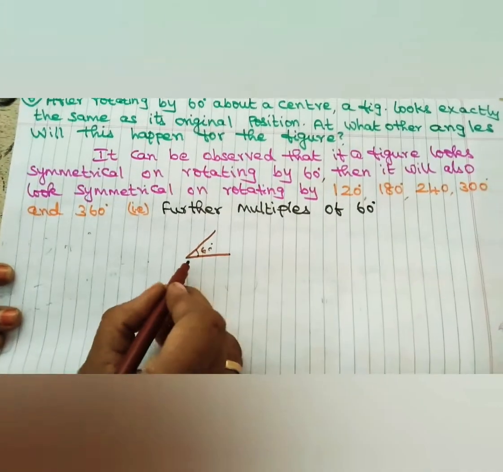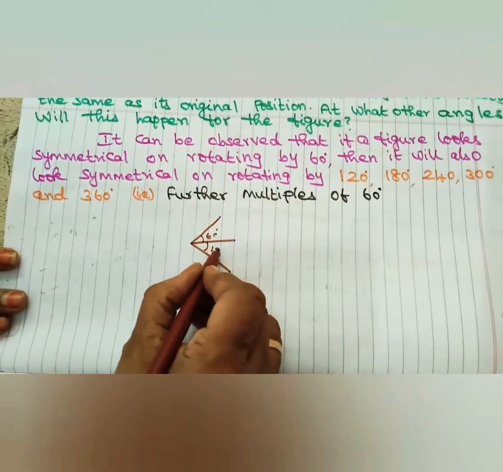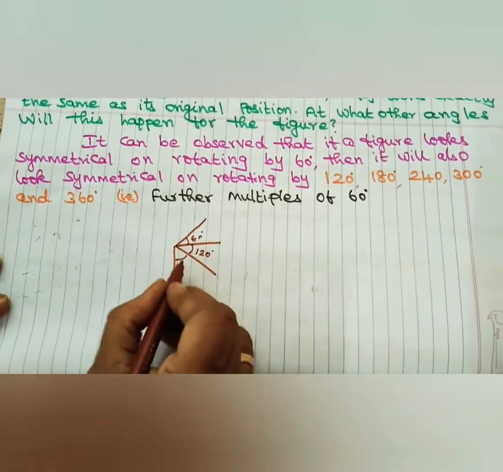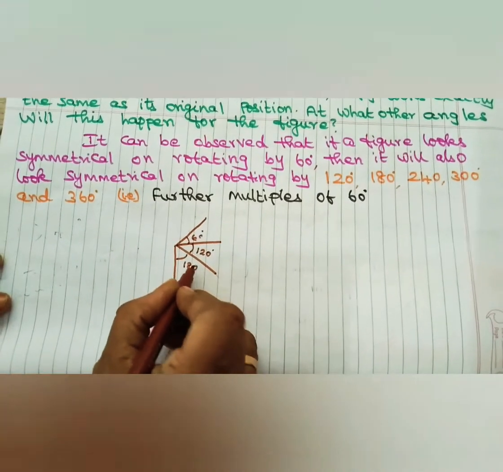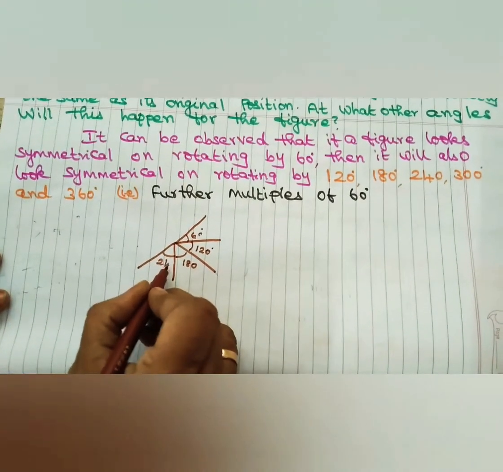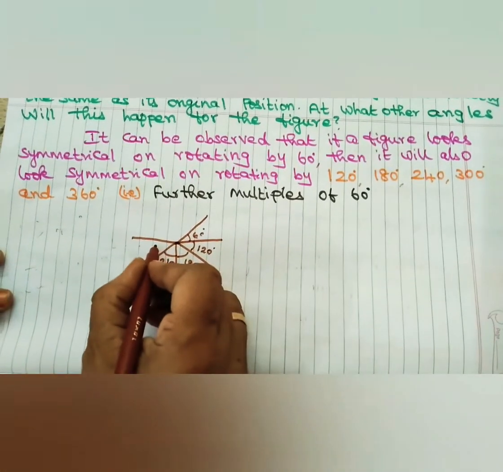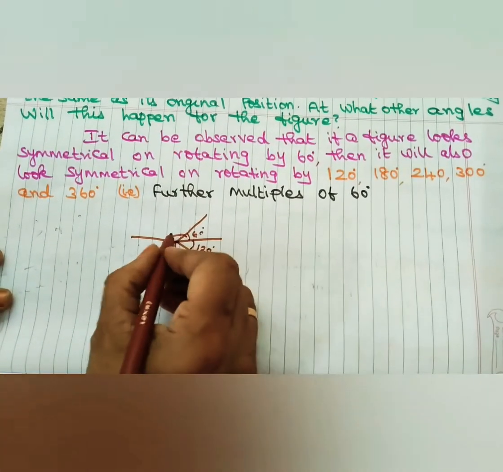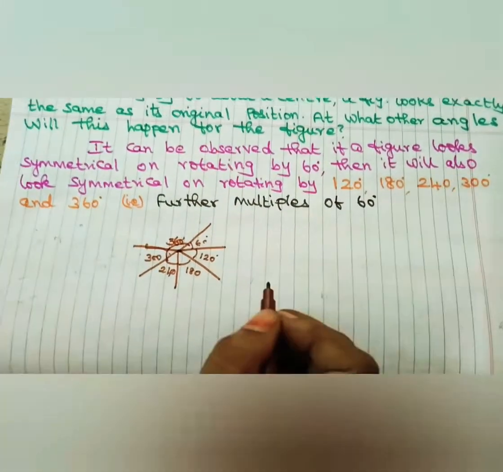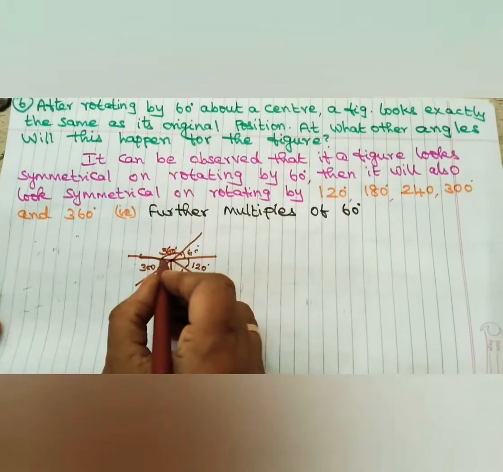Now when I again rotate it, I will get another 60 degrees which is 120 degrees. Then when I again rotate it, I get another 60 degrees which is 180 degrees. When again I rotate it, I get another 60 degrees which is 240 degrees. Then 300, then 360 degrees, one complete rotation.